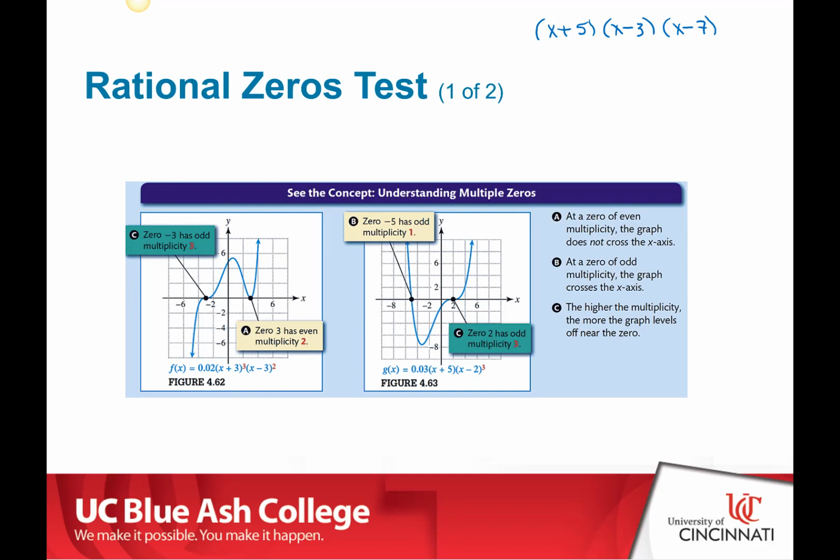Each of those zeros occurs one time, which would then allow us to draw a graph where at negative 5 it crosses, at 3 it crosses, and at 7, it crosses. And hopefully, I'm going to ask Kelly to check my work. Does that look reasonable?